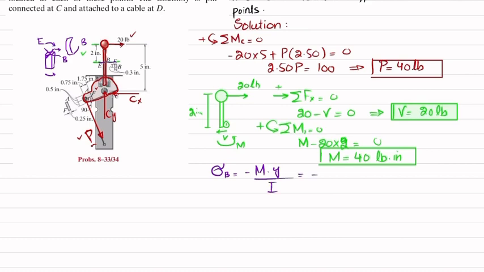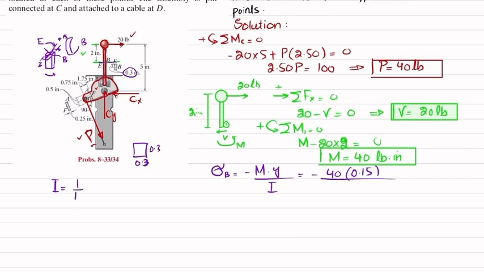Clear? So minus 40 y. What is y? Y is the distance from neutral axis till point B, and this distance is given as, this is 0.3, so this distance is 0.15. So 0.15 divided by I, which we will calculate for this cross section, 0.3 by 0.3 inch.